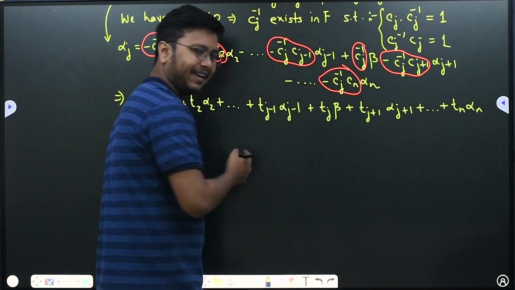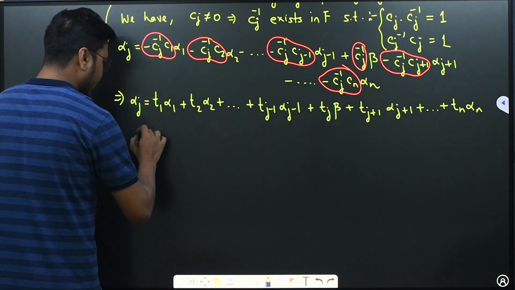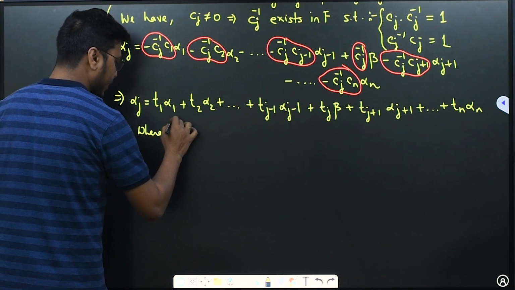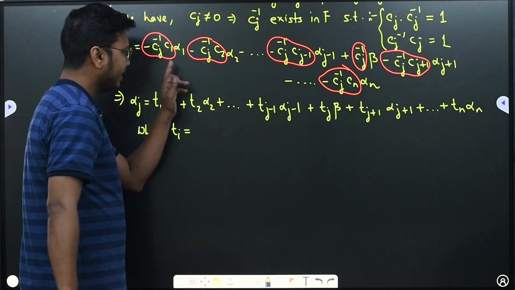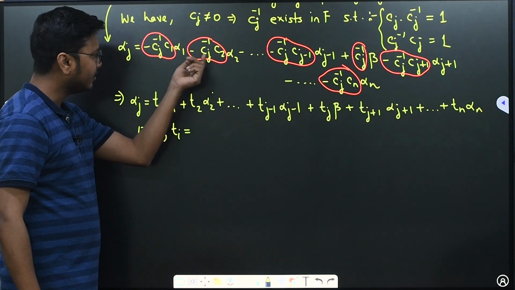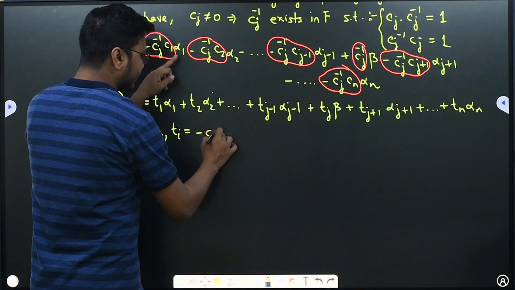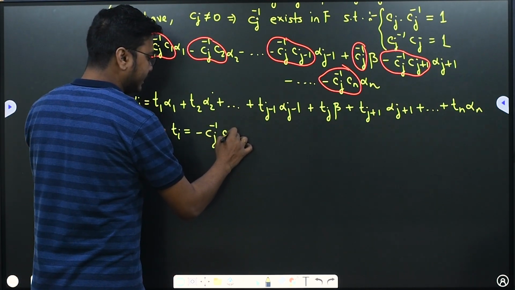So I need to explain what my substitutions are, where I should say that Ti, if I name the ith element, would be minus cj inverse ci.